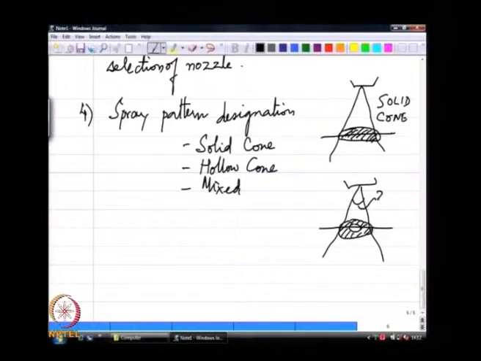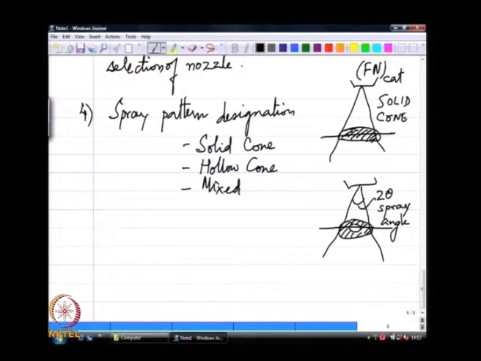So, for a given spray angle and a given flow number, you may have 2 or 3 choices.